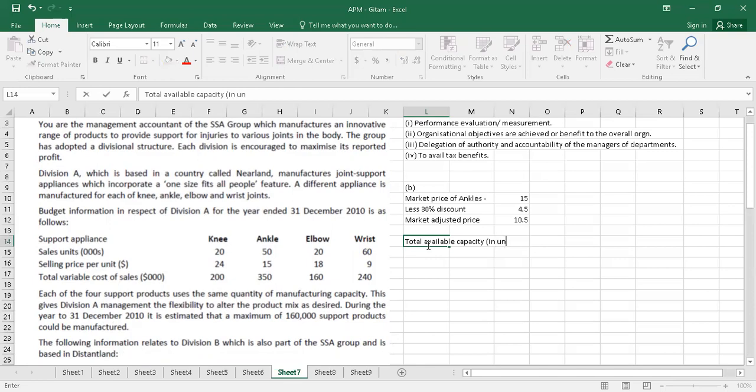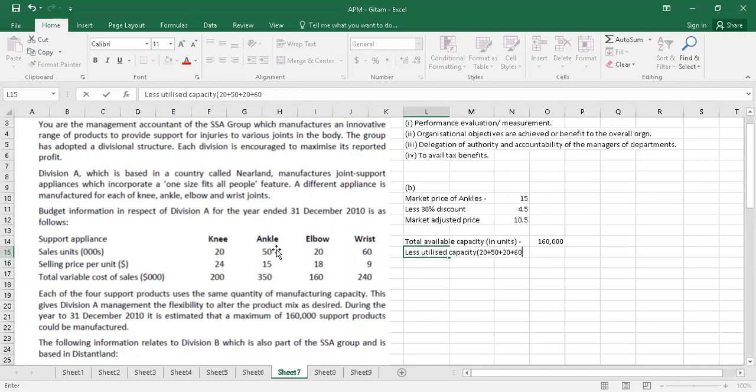In units, each one of them requires the same capacity to produce. So all of them together, it is 160,000, less utilized capacity. Right now, it would be 20 plus 50 plus 20 plus 60.